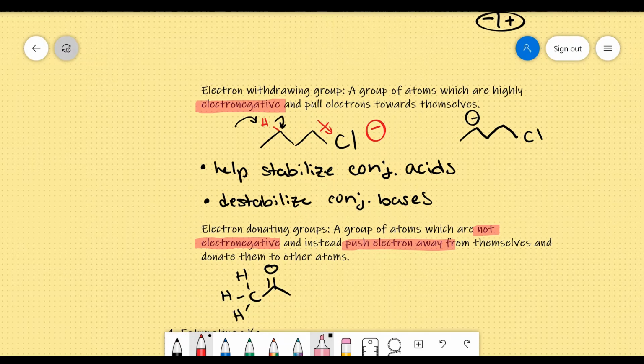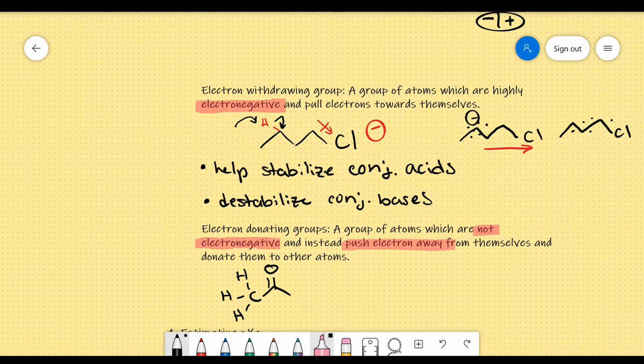So it's actually helping to distribute this excess of electrons, so that this carbon isn't quite so burdened with all these electrons. It's kind of being distributed equally, so the charge is more evenly spread.